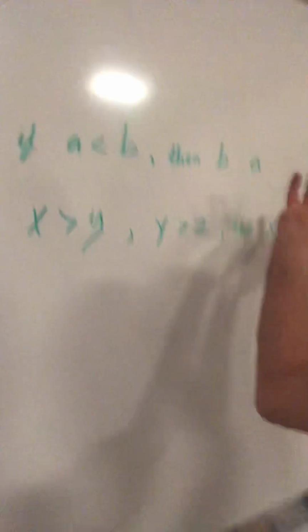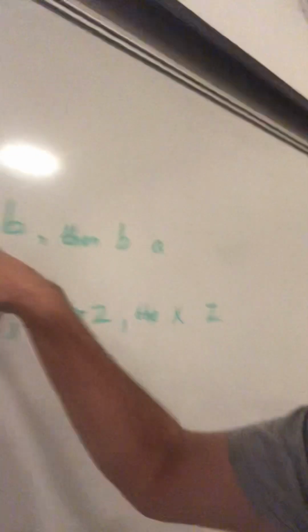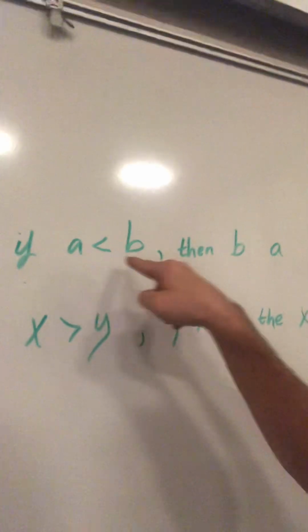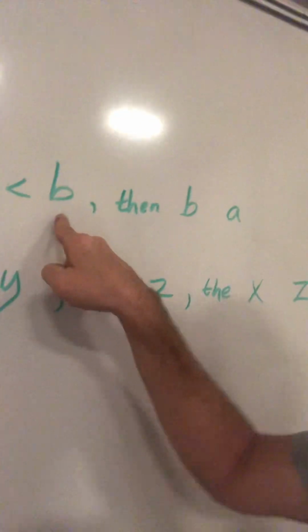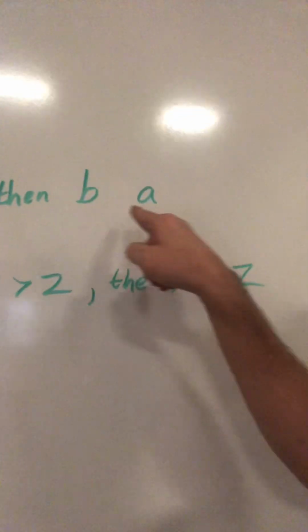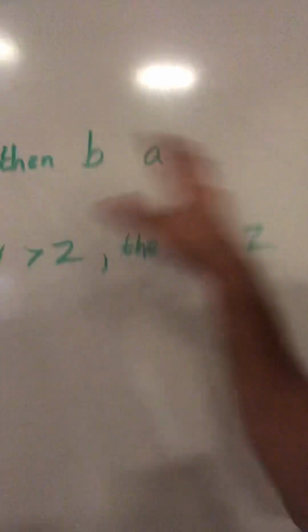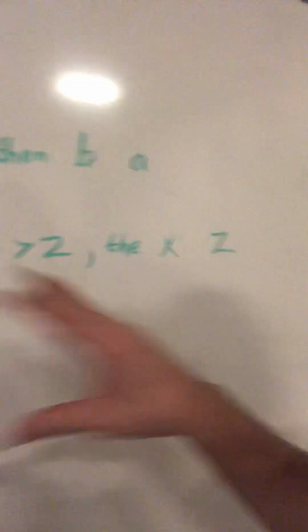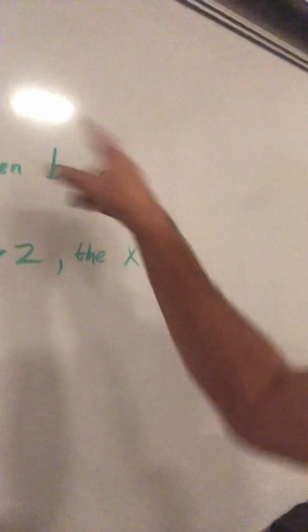So let's just put something there. Allison is shorter than Benny. Then Benny is what than Allison? Still the same characters, they have the same relationship, they've just switched the order.